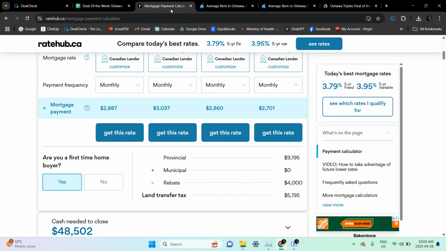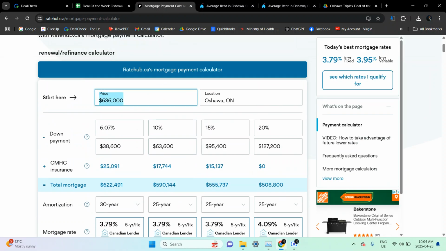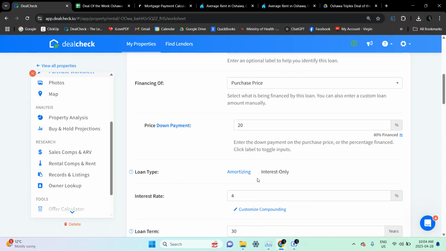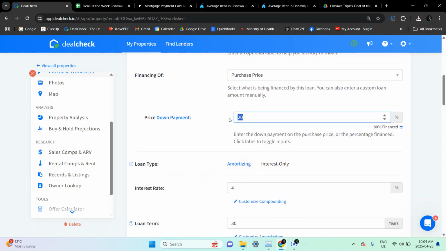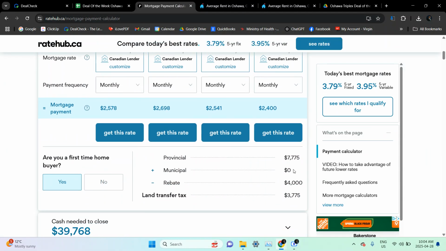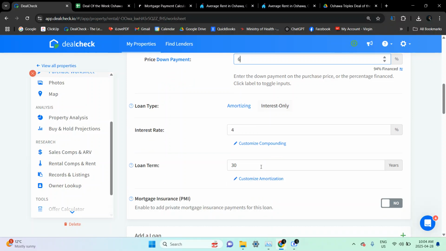So if we bring it back here, just to adjust our numbers, $565,000, 1, 2, 3. In Oshawa, our minimum down payment is going to be 5.58%. So let's call it 6%. Our land transfer tax will change a little bit, $7,775.